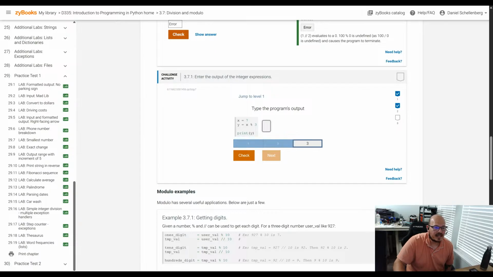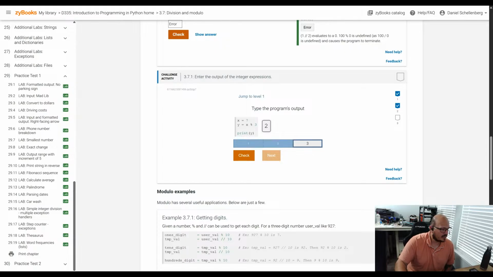So x is assigned 7. So we'll do 7 divided by 3, and that is 2.3, right? And what we did before was we kept everything to the left of the decimal, which was 2. And then from there, we took the integer that was on the right of the modulo, which is 3, and multiplied it by that number that we got from the division.